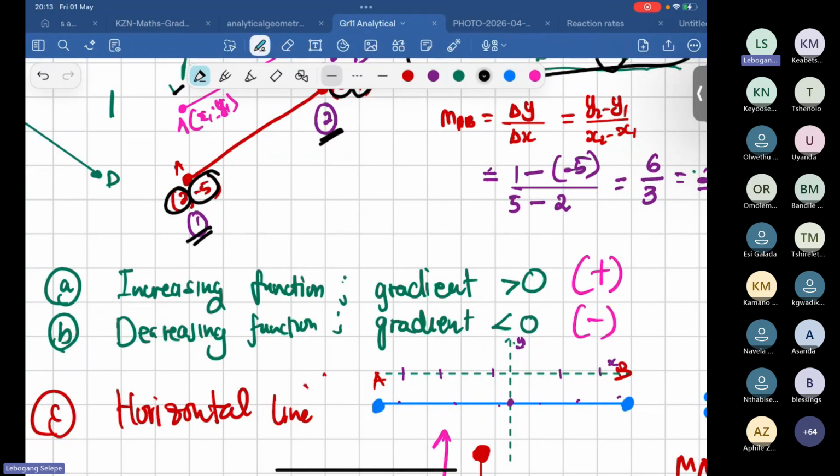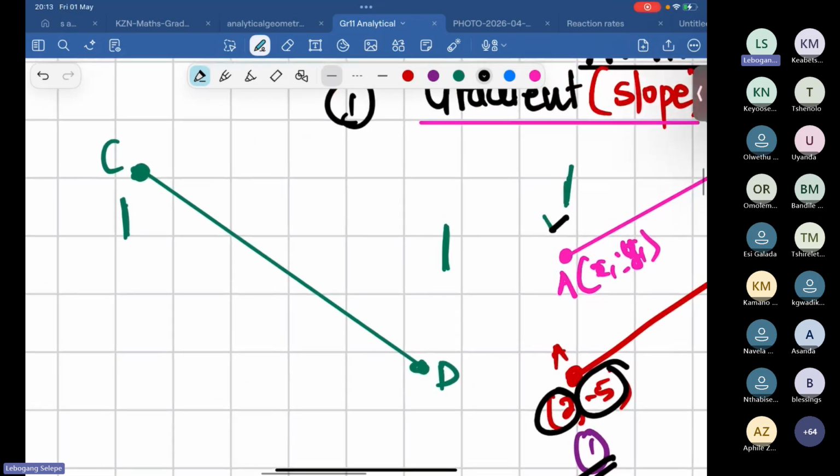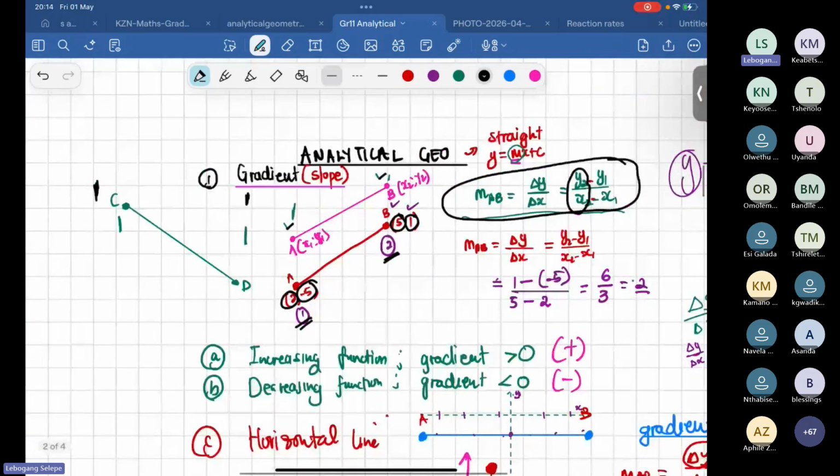So just to show you examples, if you look at the line segment CD on the screen, this is a decreasing function or a decreasing straight line, because remember, on the Cartesian plane, we start reading off values starting from the left-hand side towards the right-hand side. So we always start on this side, which is the left-hand side, and then you're going to this side, which is the right-hand side. So if you look at C, C is higher up, D is lower down. So therefore, that shows you that the line segment is decreasing. And for a decreasing line segment, we expect the gradient of that function to be negative.